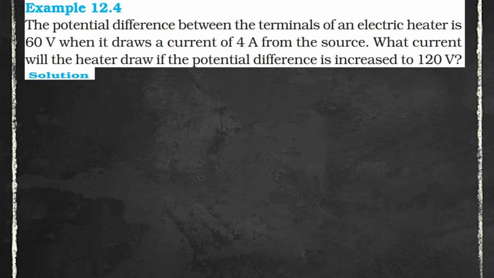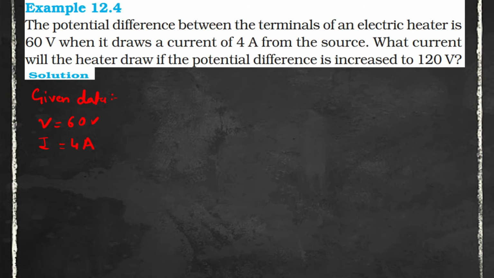Now let us discuss example 12.4, that is, the potential difference between the terminals of an electric heater is 60 volts. So given data, V is equal to 60 volt. Current is also given, that is 4 ampere from the source. Now the question is, what current will the heater draw if the potential difference is increased to 120 volts?